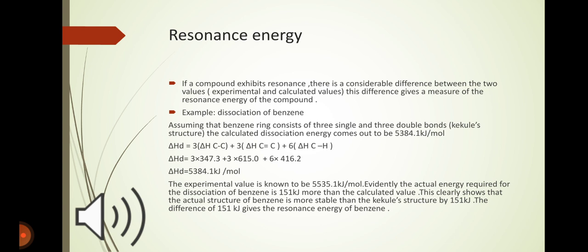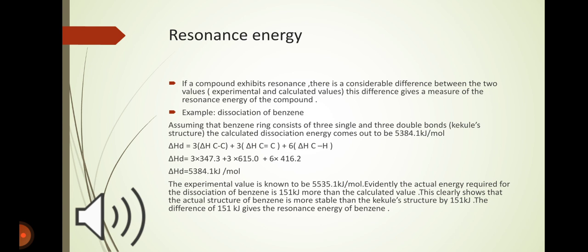So the change in enthalpy of dissociation is equal to 3 into the change in enthalpy of carbon-carbon single bond, because in the benzene ring 3 single bonds and 3 double bonds are there, plus 3 into the change in enthalpy of carbon-carbon double bonds, plus 6 into the change in enthalpy of carbon-hydrogen bonds. 6 carbon-hydrogen bonds are there.